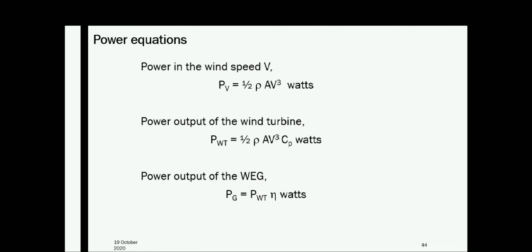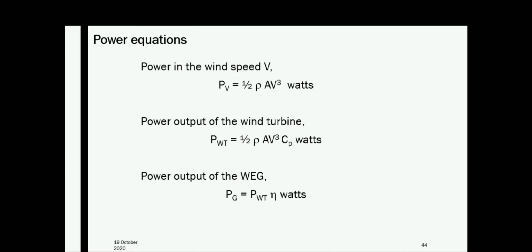These are the power output equations of a wind turbine, which is determined by several factors such as wind velocity, and the size and shape of the turbine. The power in the wind is given by P_V, which is half rho A V cube, in watts, where P_V is the wind power.